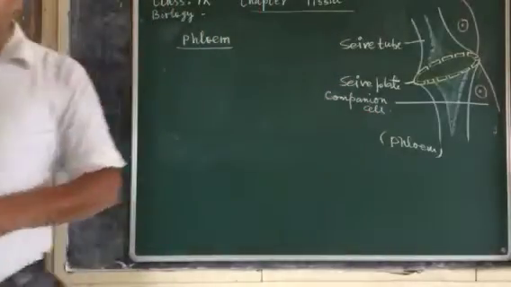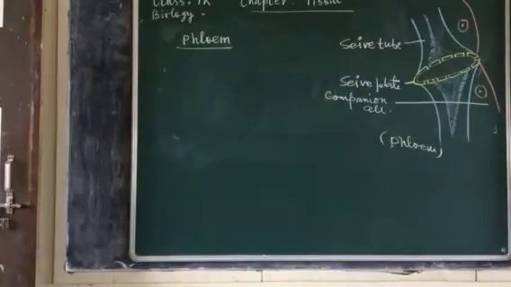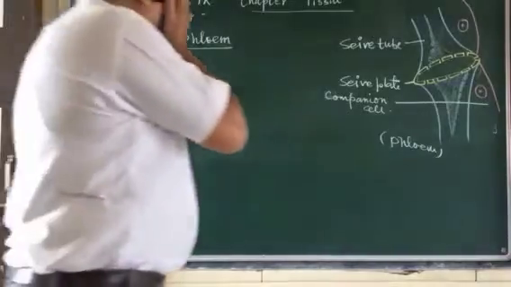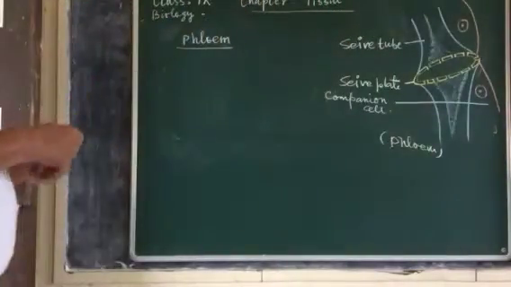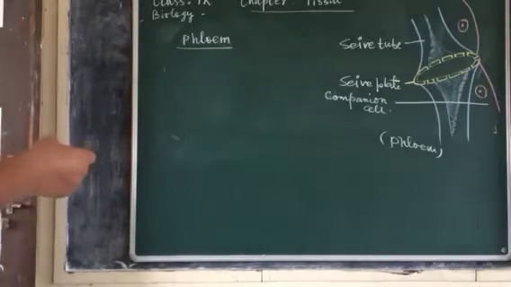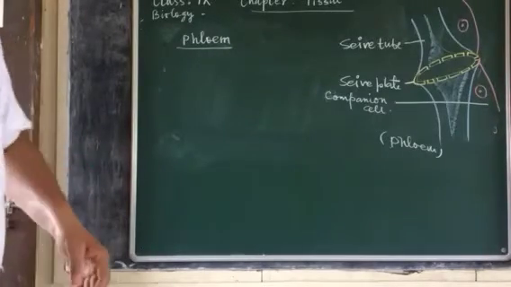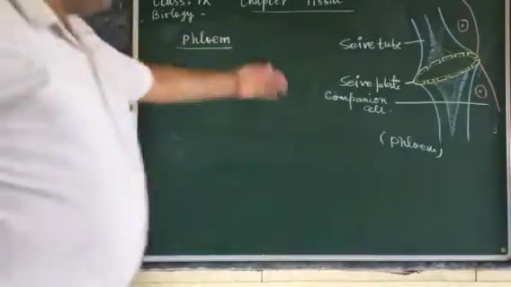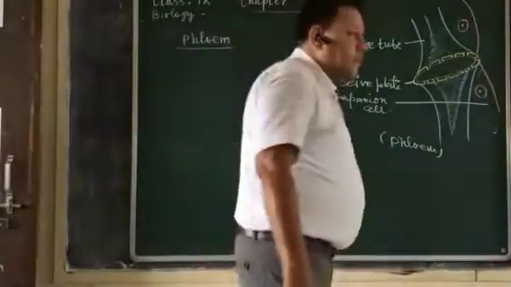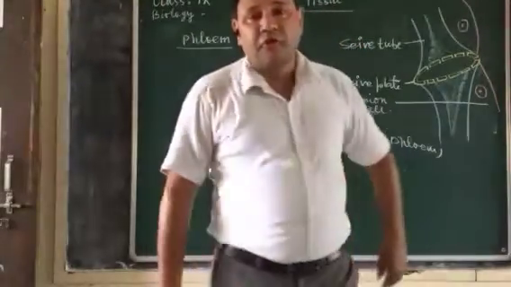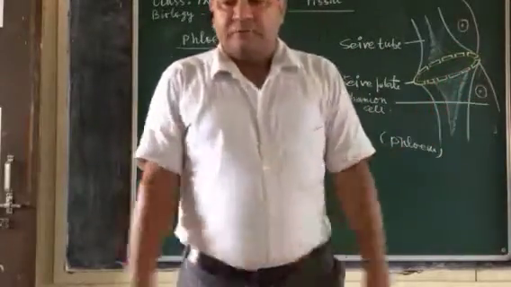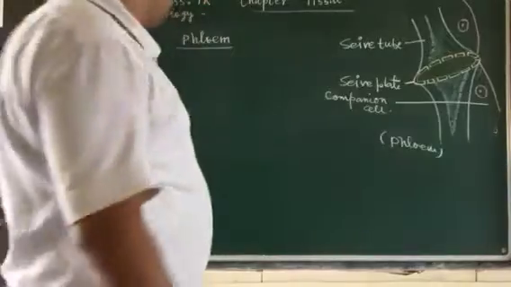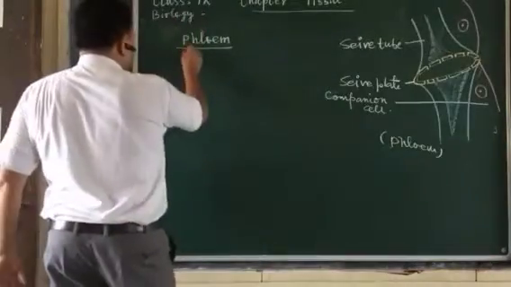By seeing this diagram, one can say about the different components present in this phloem. Basically, sieve tube, sieve plate, companion cells, and together with this phloem fiber.